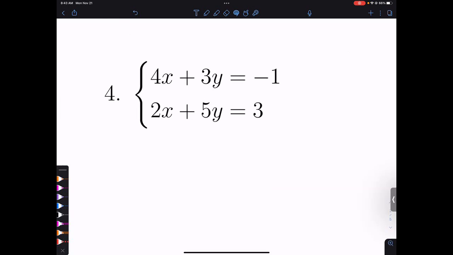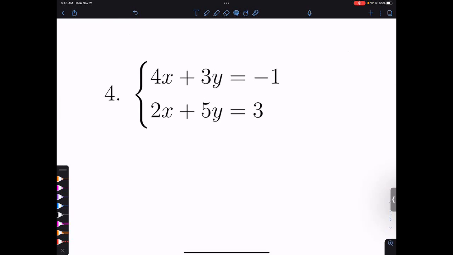Which again, you can do it, it'll work. But is there any way there that you can set up a substitution where I'm not going to have to divide and have a fraction and plug that back in and deal with that whole thing? No, right? Because 4x, 3y, 2x, 5y, any of those you're going to have to divide.